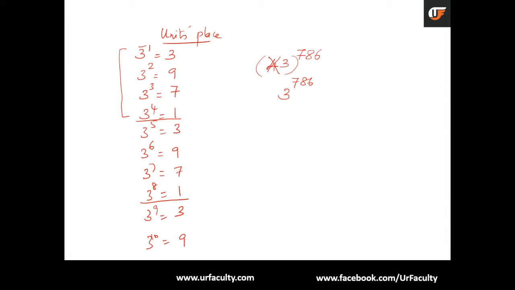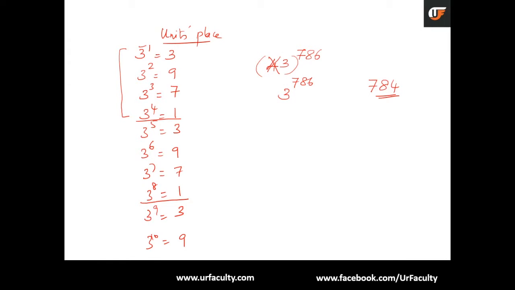So if you divide 786 by 4, what do you get? We know from our divisibility test, 784, please note the last 2 digits are what is used for the divisibility test of 4. 84 is divisible by 4.